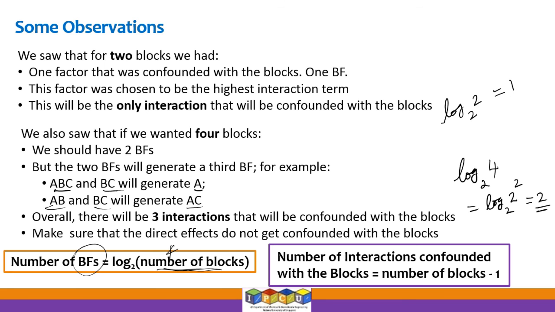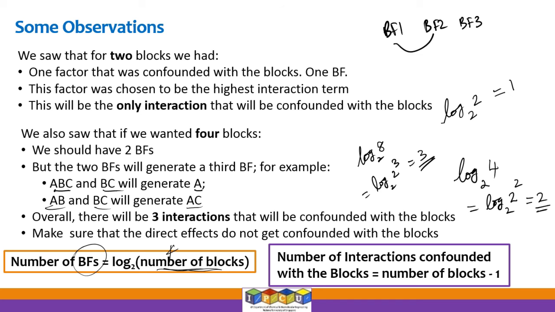If you want to have 8 blocks, then the number of basic blocking factors will be log to the base 2 of 8, which is log 2 to the power of 3, which will be equal to 3. So you have to start with 3 basic blocking factors, and those 3 will interact, right? So say BF1, BF2, and BF3 are the 3 basic blocking factors, because we wanted 8 blocks.